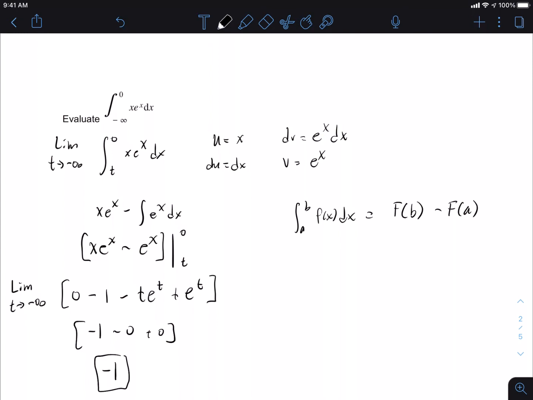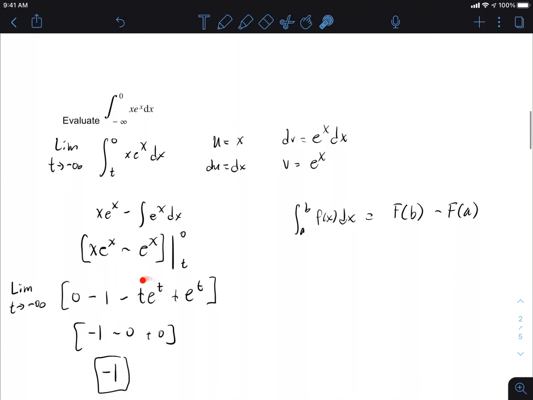So I'll do this second one here so you guys can see it, because this second one will actually yield this one also. So watch this. The limit as t goes to negative infinity of t e to the t. This looks like it's going to be problematic because I have infinity times 0, correct?